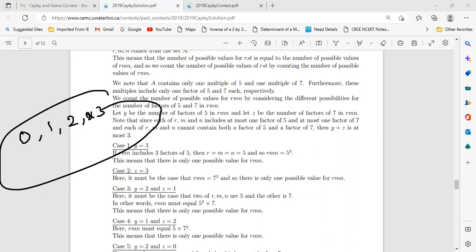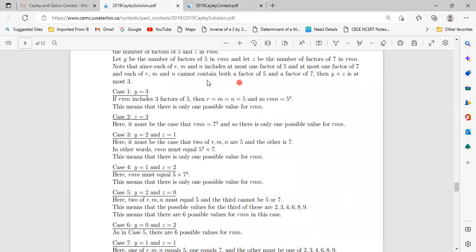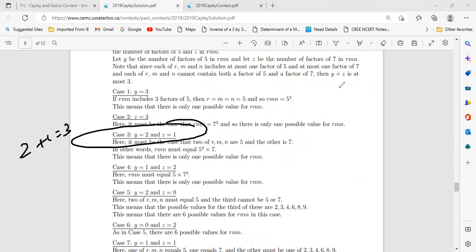And also they said it cannot have both the factor of 5 and 7, which is why we are calculating it separately as case 1 and case 2. It can't be together. But it is possible that y is equal to 2 and z is equal to 1, because together 2 plus 1 will give you 3. This is allowed. You are getting the at most as 3. So you are substituting y as 2 and z as 1, which means 2 of the rmn is going to be the factor of 5 and 1 of the rmn is going to be the factor of 7.